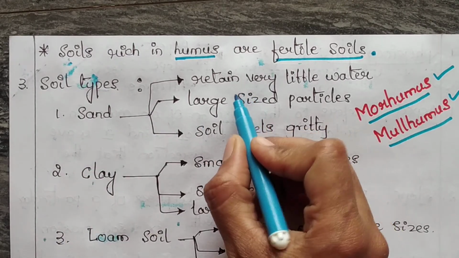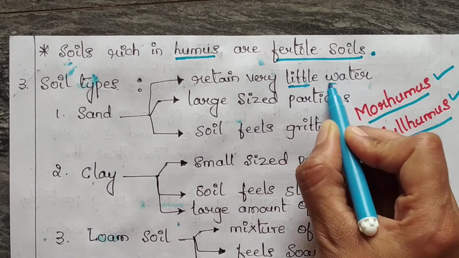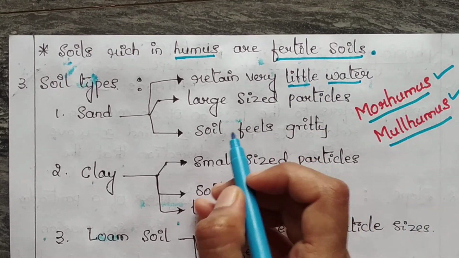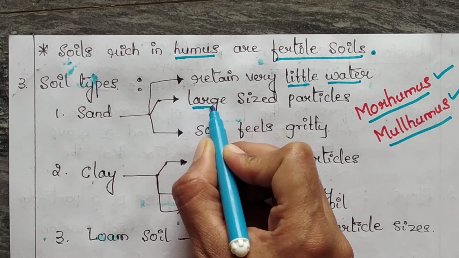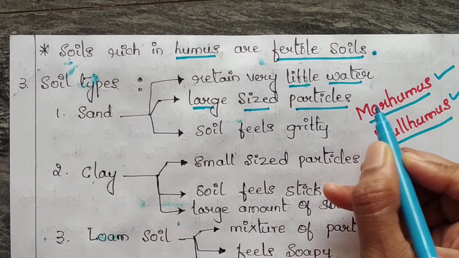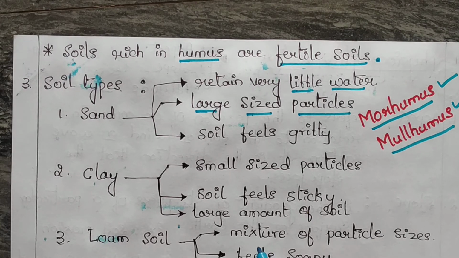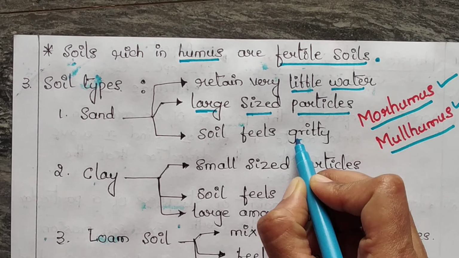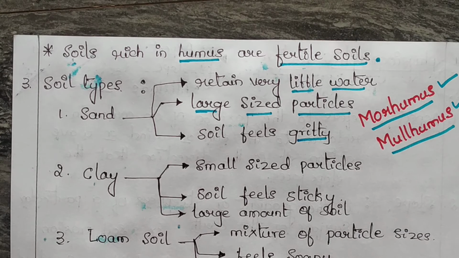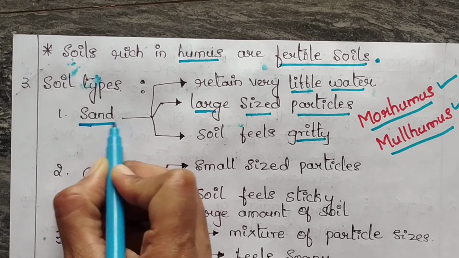Sand retains very little water, and it has large sized particles. We are familiar with sand, which has large sized particles. And the soil feels gritty, which means it has large particles and is very rough. That is sand.